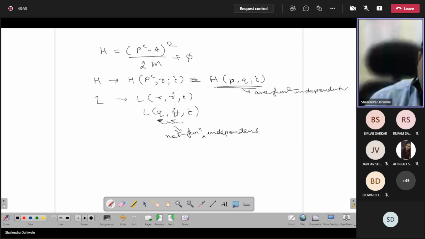Q and Q dot are related to each other. Here Q dots are dependent on Q, so it is a velocity dependent potential. But the canonical momentum and Q are totally independent of each other. So when you sum them, each term is independently equal to 0.